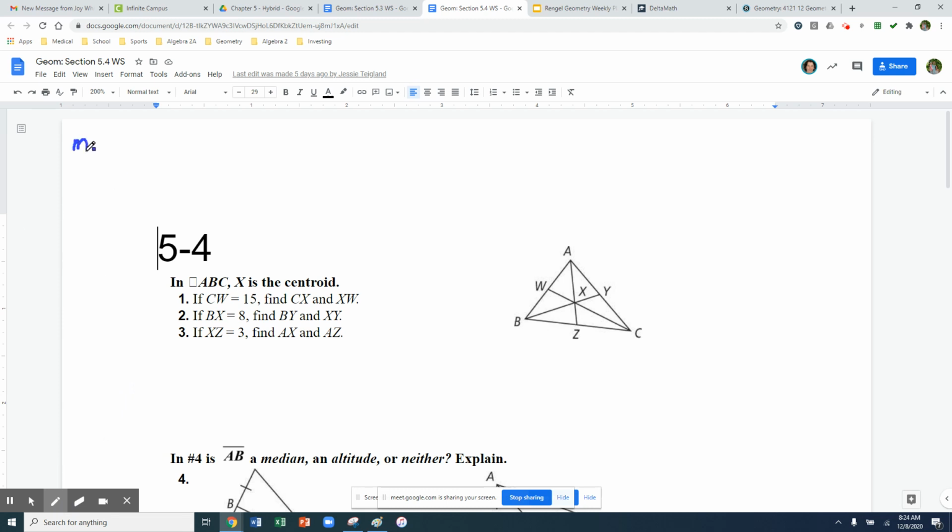A median on a triangle is a segment (SEG) that connects your vertex to your opposite midpoint.